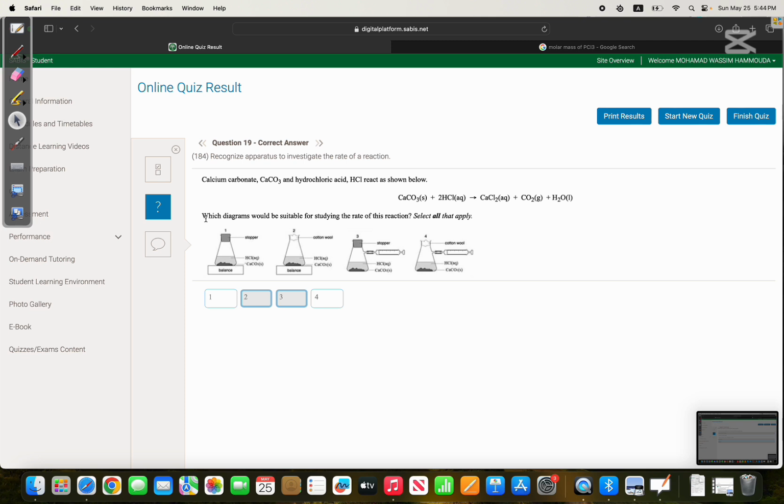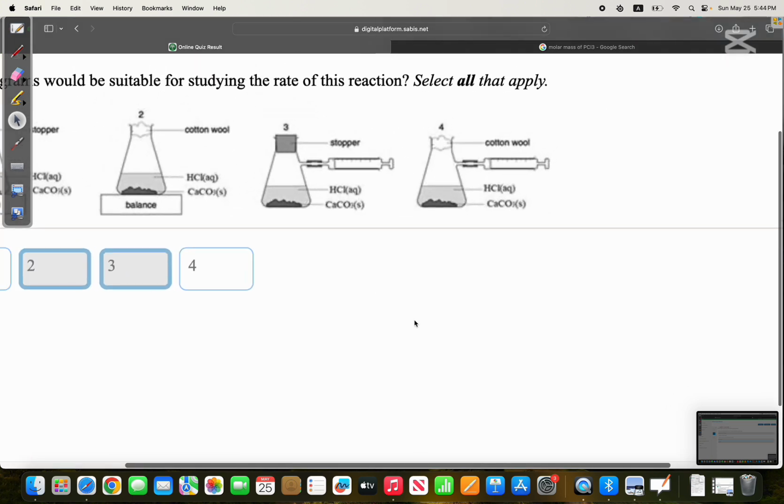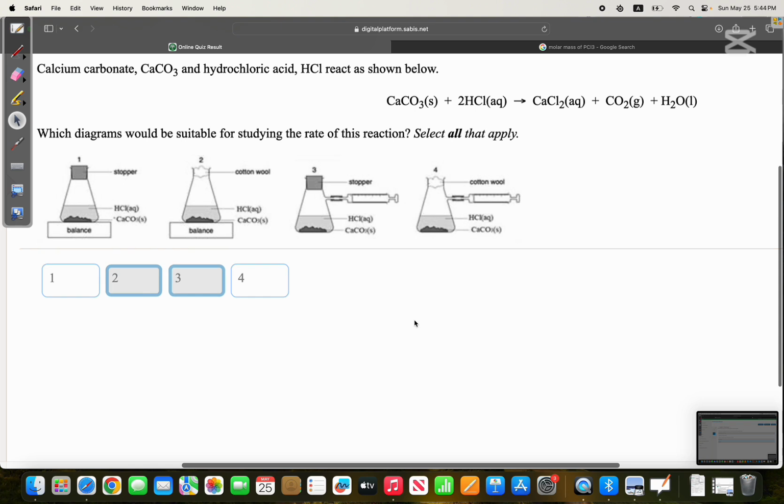Which diagrams would be suitable for studying the rate of this reaction? Look, we need the balance to find the mass of the reactant, and to be honest, for this question, just memorize.